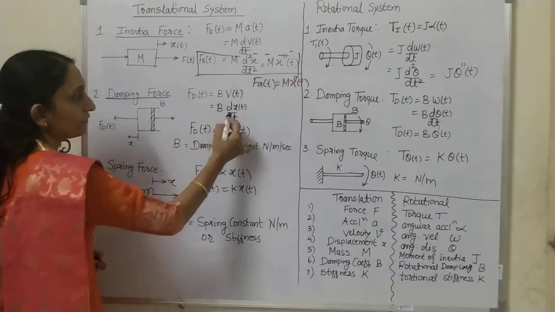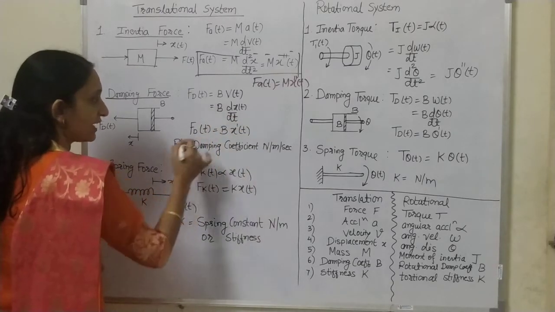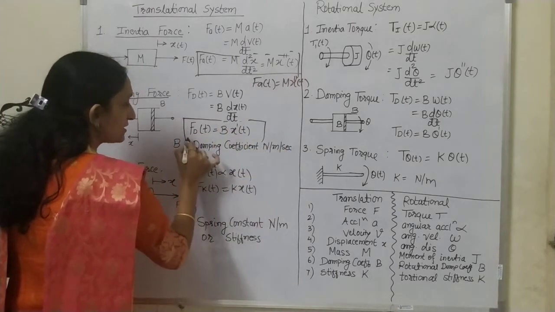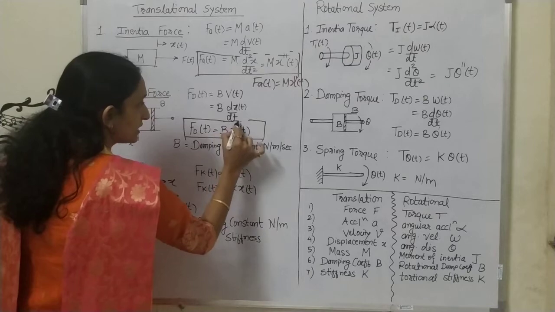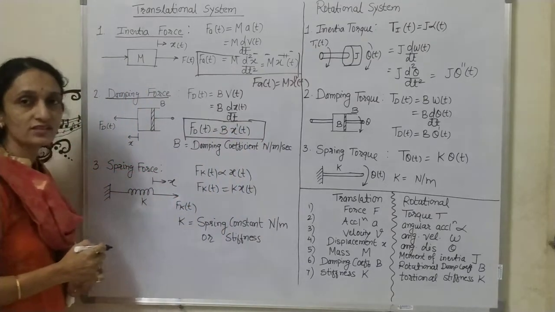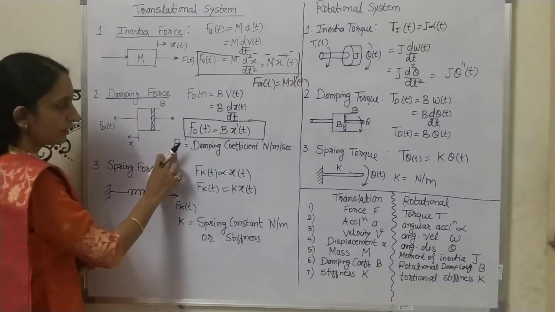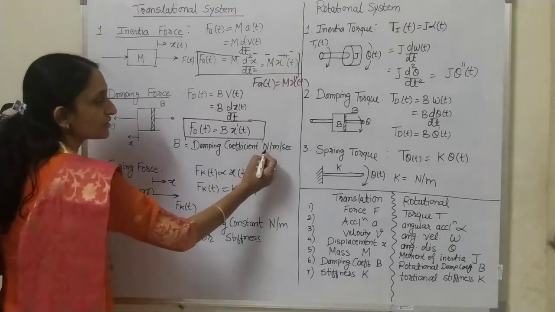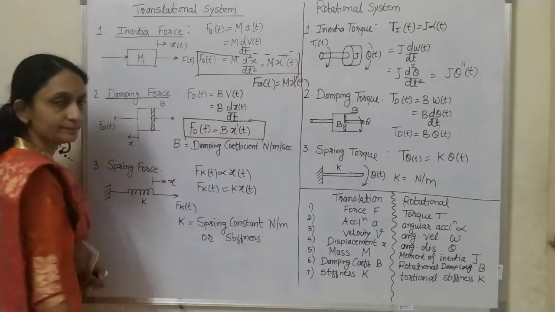I have replaced d by dt with x dash. So the second force because of the damper is Fd of t equal to b into x dash of t. What is b? b is the damping coefficient, and the unit of damping coefficient is Newton per meter per second.